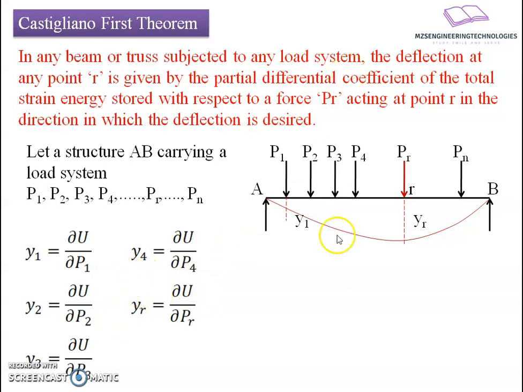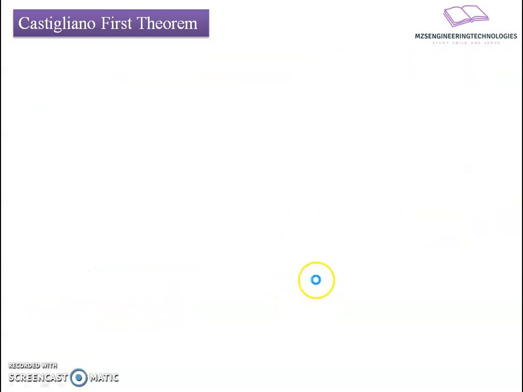At any point where I am interested in the deflection, I take the partial derivative of the strain energy stored by the member with respect to the load under which I want the deflection. Let's try to prove this with an extension. For that, consider a simple effect of P.